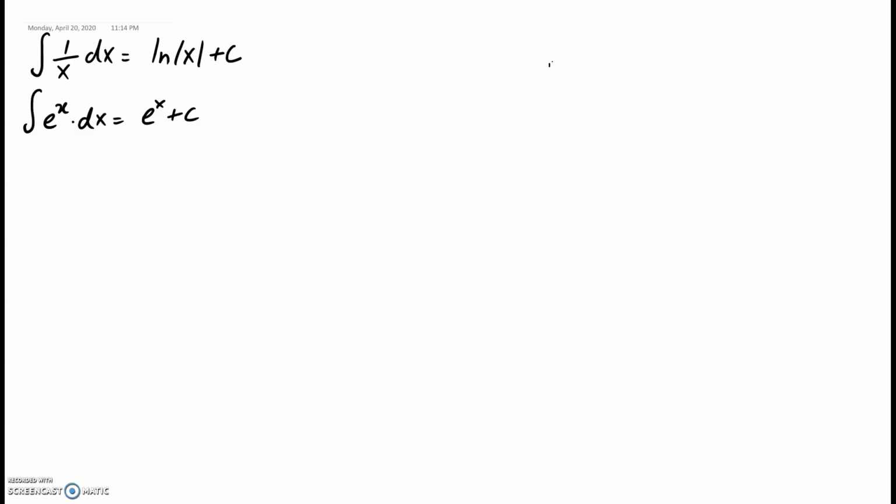Now, some students were confused about this question, which is the integration of negative 4 tan x dx. First, I will use an identity on tan x. The identity of tan x is tan x equals sin x over cos x.